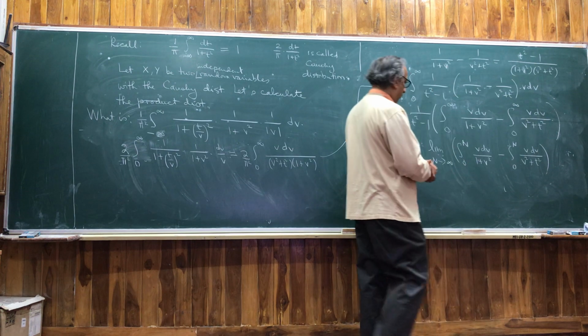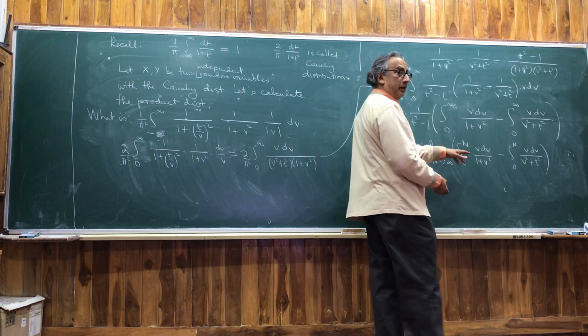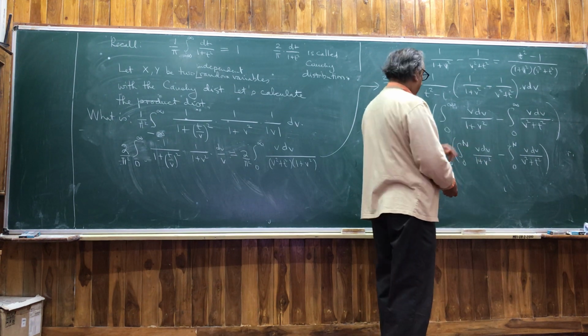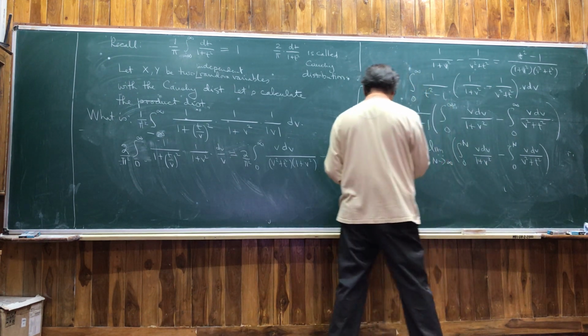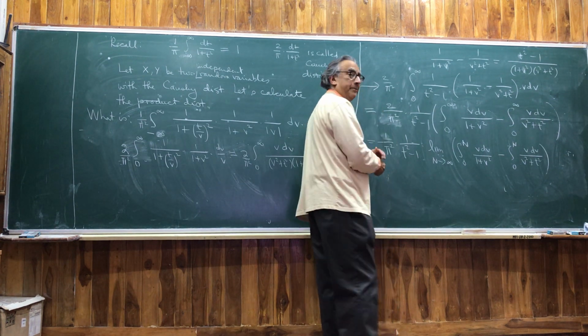Here, you can see it's a log calculation, log of 1 plus v squared, but there's a 2v, so there's a 2 floating around that I have to divide out by.